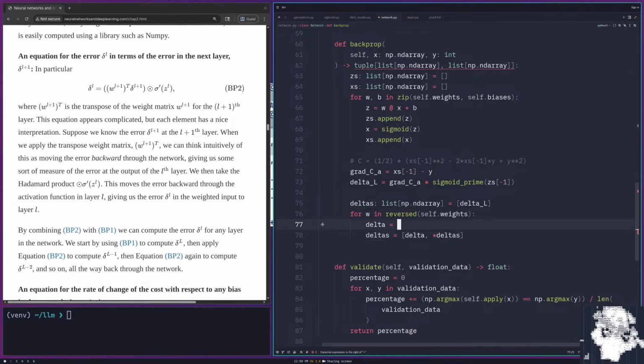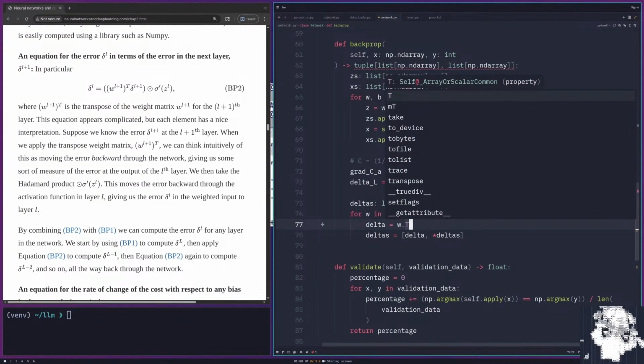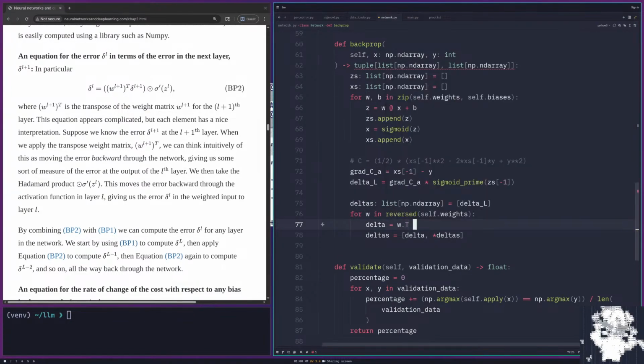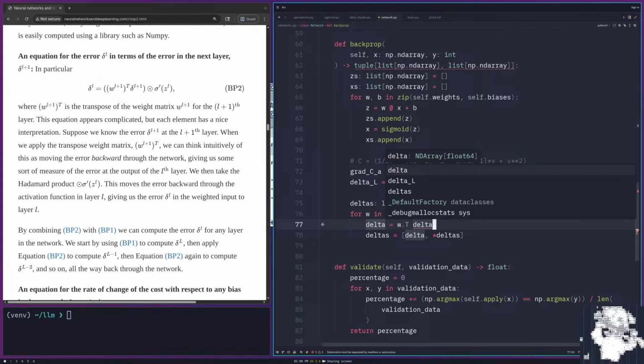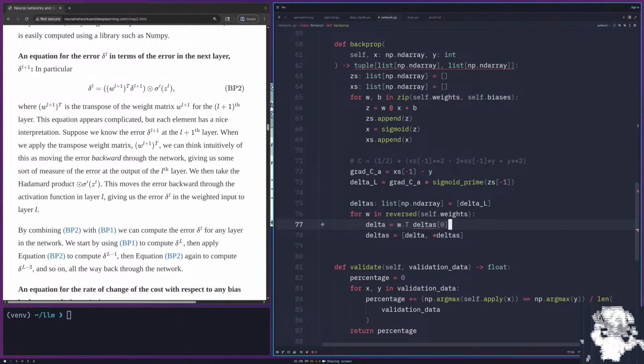This is like the JavaScript style list destructuring syntax. Okay, so delta is the transpose of W, so W dot T, multiplied by the previous delta, so deltas of 0, because we're building the list backwards.